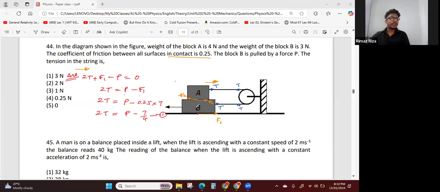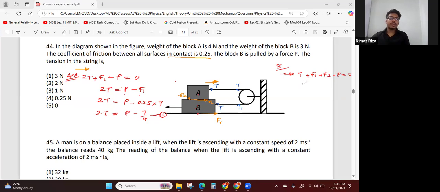And then I can apply for B. Because I want to get rid of P, I can use the force equilibrium of B. So what are the forces acting to the right? T is there, and then F1 and F2. But P is in the opposite direction to the left, so minus P equals 0.